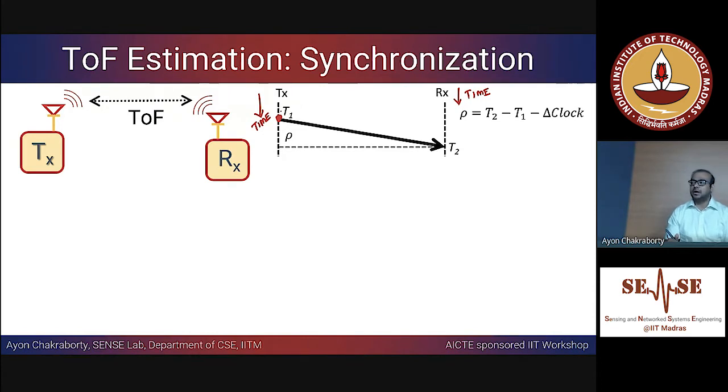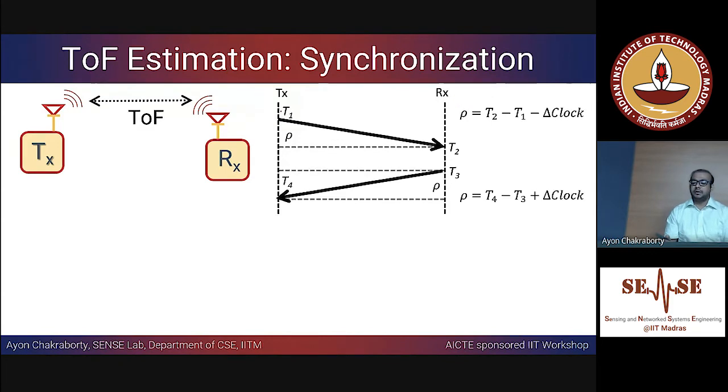So there will be some clock drift, and that clock drift is going to be compensated here, right? Another thing you can do is look at rho as T4 minus T3 plus clock drift.